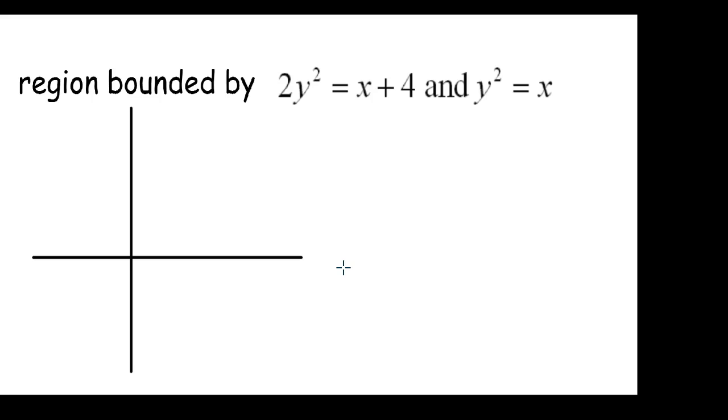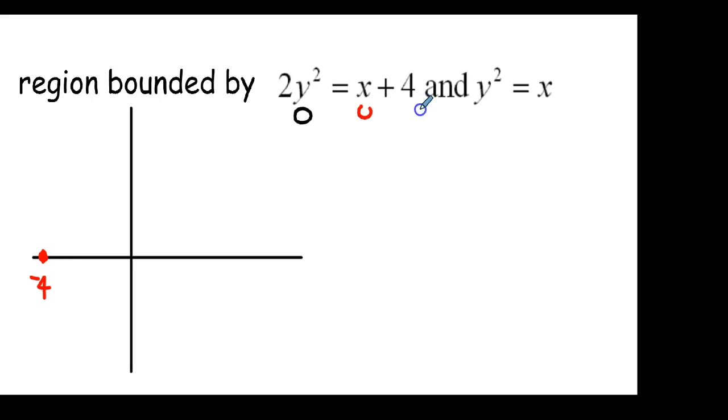2y squared equals x plus 4. Let's see what the x-intercept is by putting 0 in for y. So x will be -4. Let's find the y-intercept by putting 0 in for x.